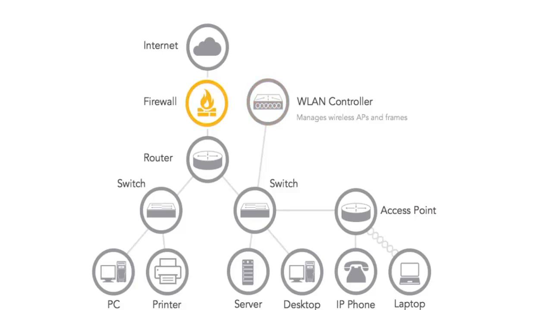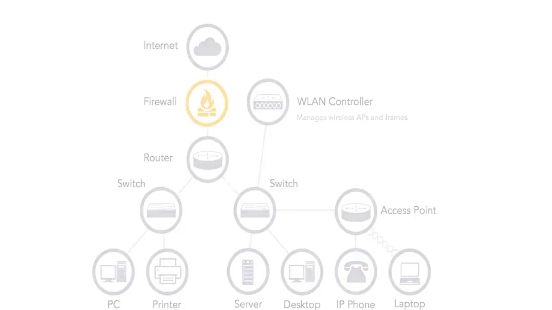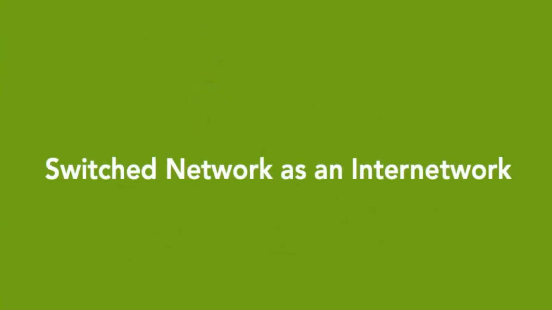We also have our firewalls, and this is referred to today as our next generation firewall or next generation IPS. Firewalls are absolutely essential for today's networks. So what's new on here again? Our wireless LAN controller, which manages our wireless frames and our access points and provides the configuration and code for access points, our IP phones, and our firewalls.